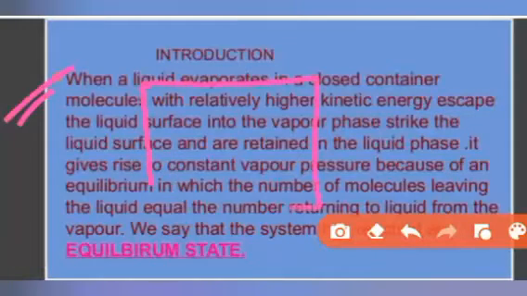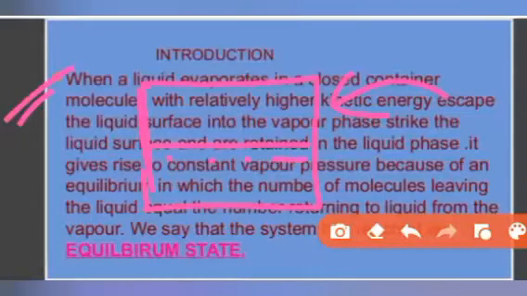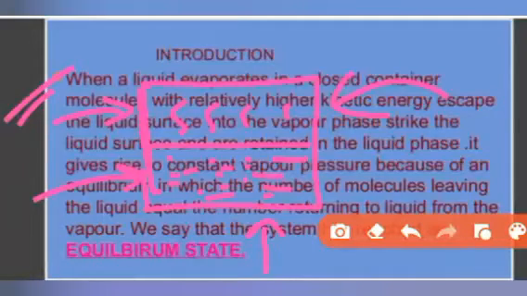So let me explain the situation. Suppose, dear student, this is a closed container where we have kept some liquid, let it be water, and when we increase the temperature a little bit, what will happen? This liquid will change into gas, and one stage will come when, at constant vapor pressure, the number of gaseous particles is equal to the number of liquid particles.